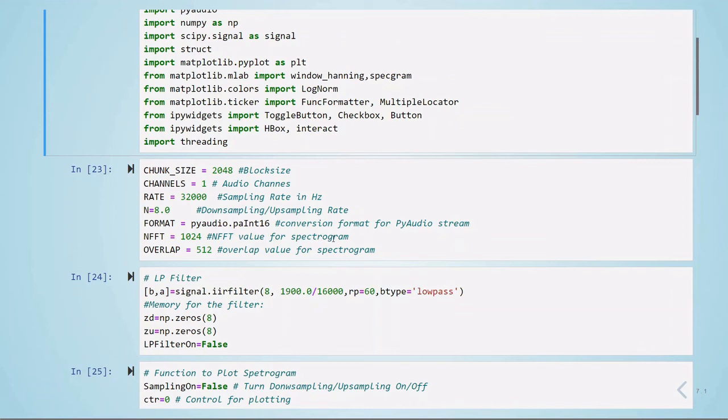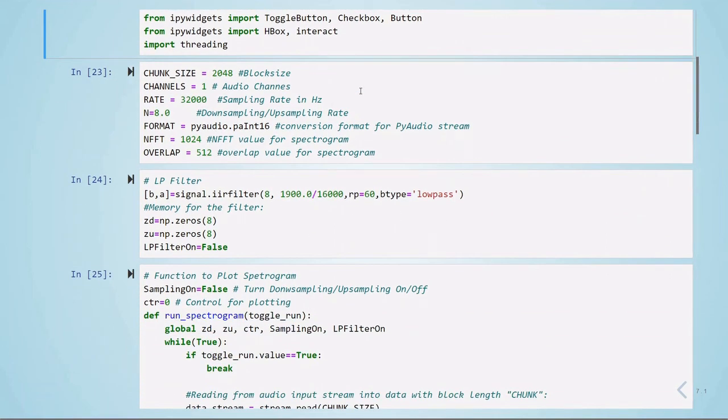We are going to use here for the spectrogram a number of FFT points of 1024, and the overlap value for the spectrogram is 512. So here, let's run these cells.